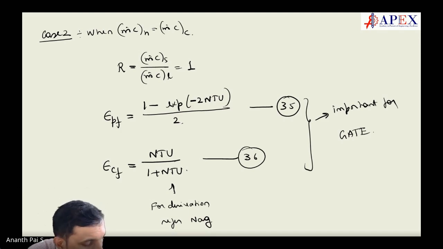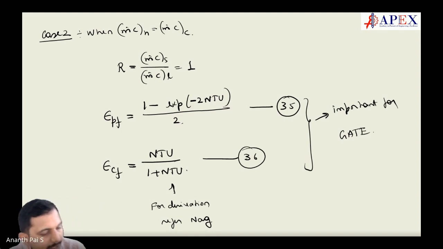So you have to go with the other method. The derivation is given here. There is a procedure given there. They calculate NTU in a different fashion, and then they apply it and you get that result. You'll see that. So I'll stop here.